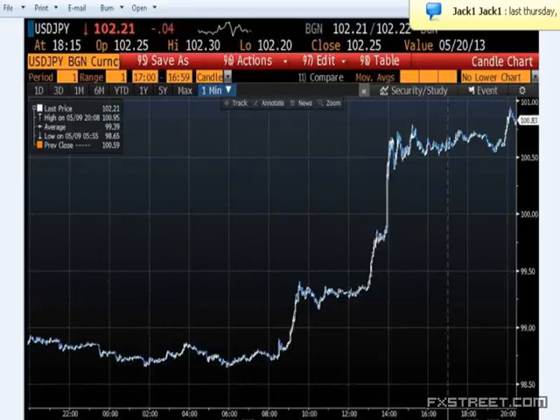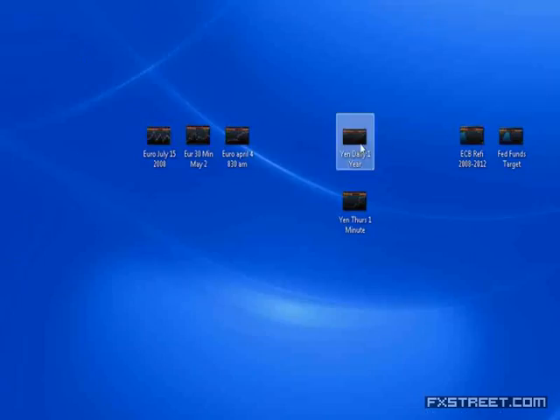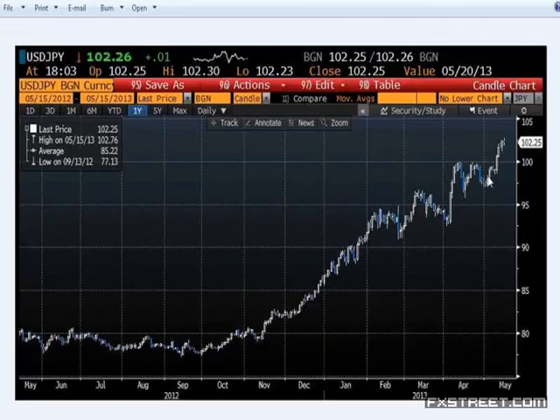Now, if you look at, let me give you, okay, where's the 100 level here, right? You can see the amount of pressure applied and rejected from early April for a month. The yen butted up against 100.